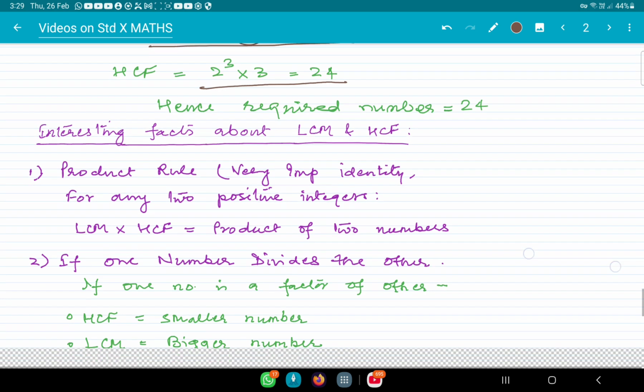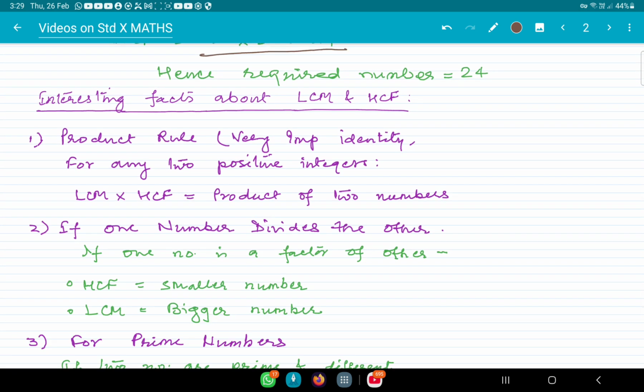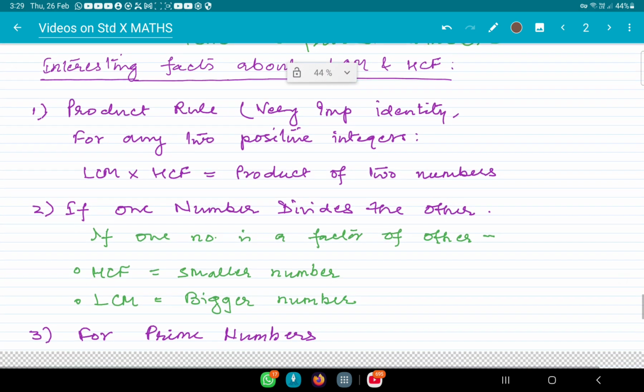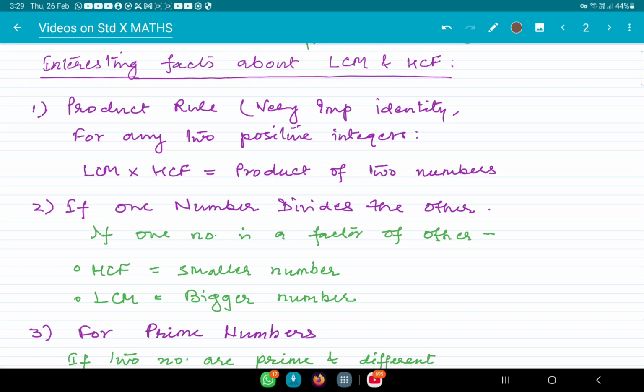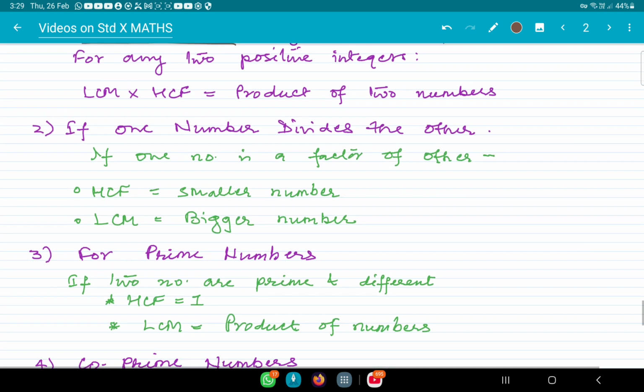Okay. Now I am explaining different interesting facts about LCM and HCF. First is the product rule. As we have seen, the product rule means HCF into LCM is equal to the product of the two numbers. Second is if one number divides the other. As we know, HCF is the smaller number, always remember, and LCM is the bigger number. So this applies if one number is a factor of the other.